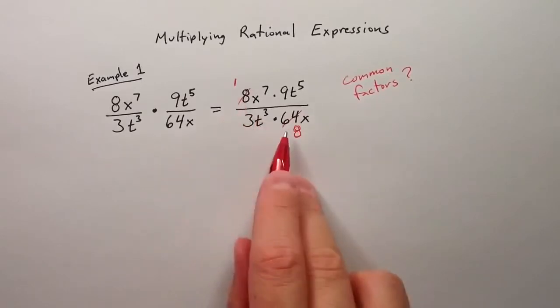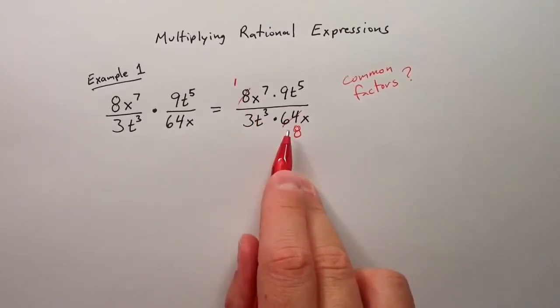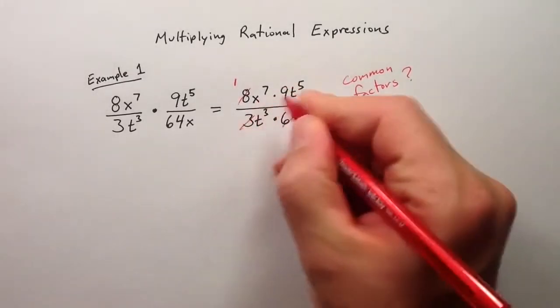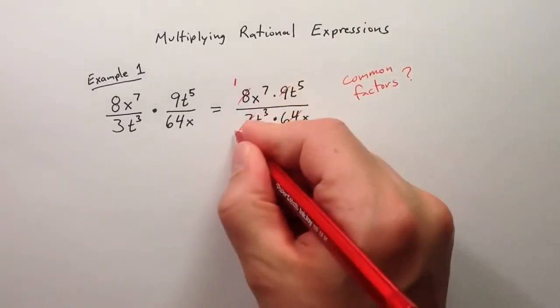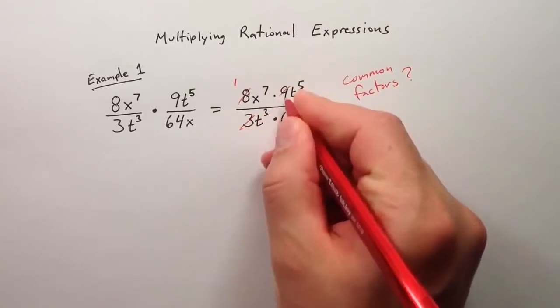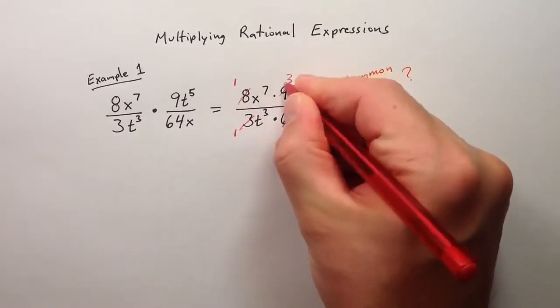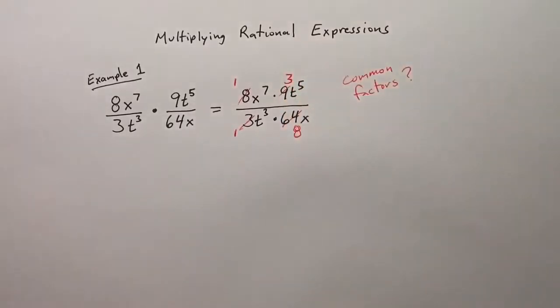So those are common factors of the top and the bottom. And likewise, 3 and 9 are common factors. 3 divides into 9 3 times, and so I can cancel the 3 with the 9, and it leaves a 3 behind up in the numerator.